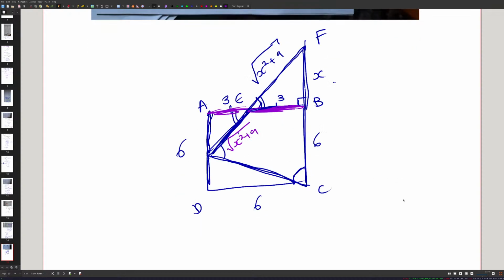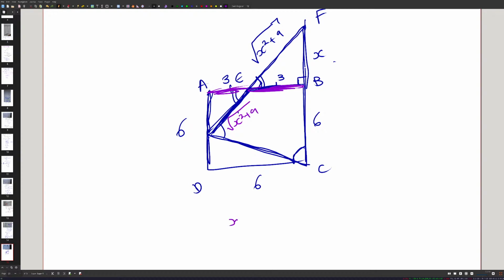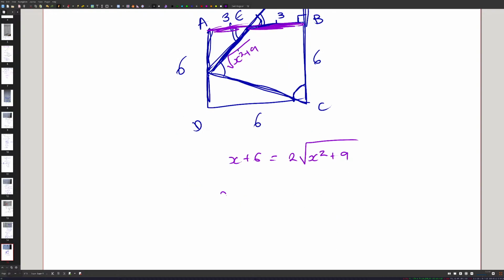And so because the big triangle is isosceles, we get that x plus 6 is 2 times the square root of x squared plus 9. Then square it, so x squared plus 12x plus 36 is 4 times x squared plus 9. So 4x squared plus 36, and the 36 goes away.